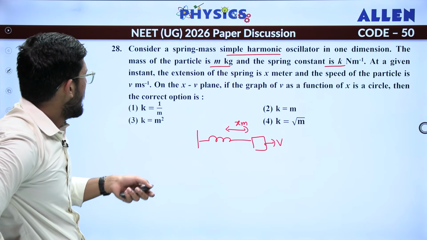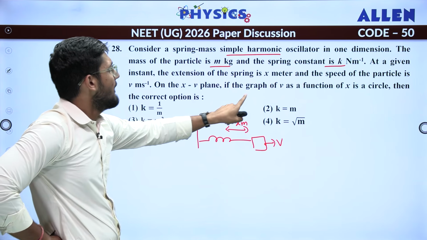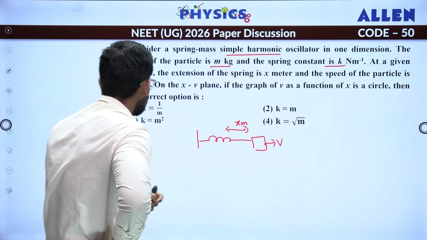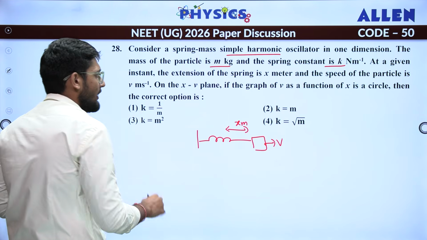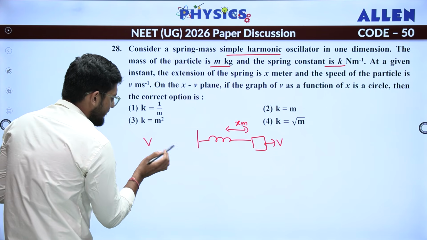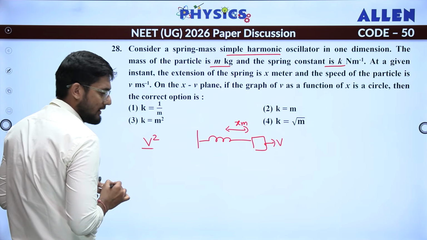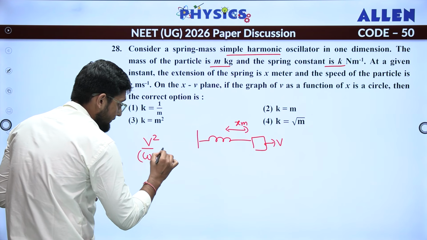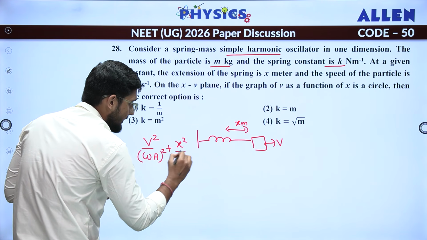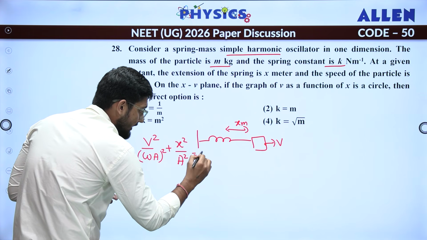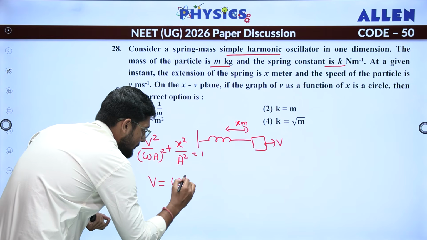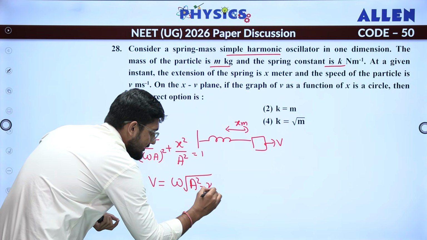Then, on the xv plane, if the graph of v as a function of x is a circle, then the correct option. So you might be aware of this formula, that v square by (omega a) square plus x square by a square is equal to 1. Or you must be aware of this formula, v equals omega into square root of a square minus x square.